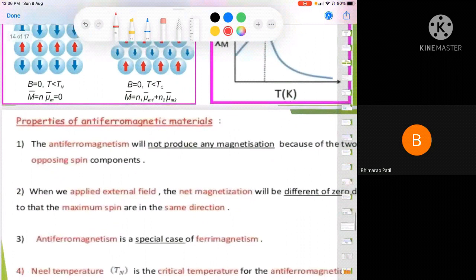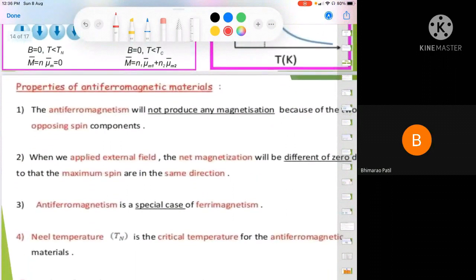Then, what are the properties of antiferromagnetic substances? Antiferromagnetism will not produce any net magnetism because of the two opposing spin components. When we apply a magnetic field, the net magnetism will be different from zero, because most spins are in the same direction.